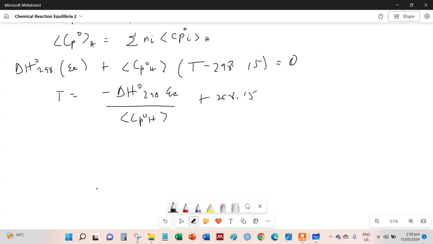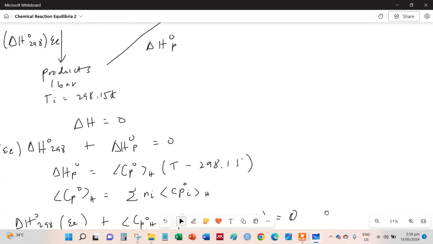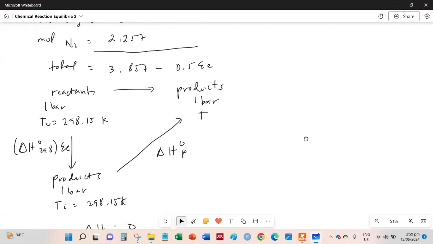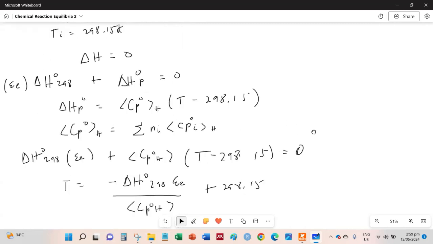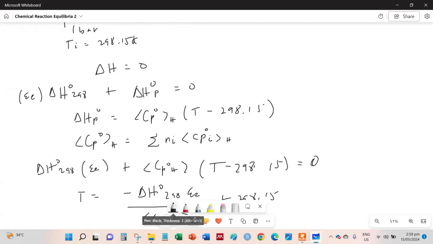By the way, let's label the equations. Let's label this as equation A, and then this is equation B, and this is equation C, for easier reference later on.